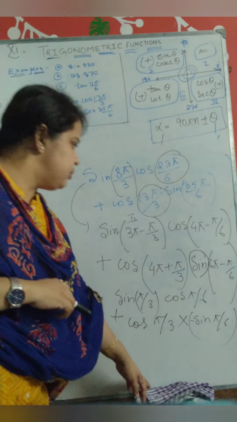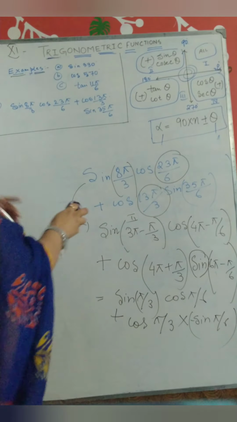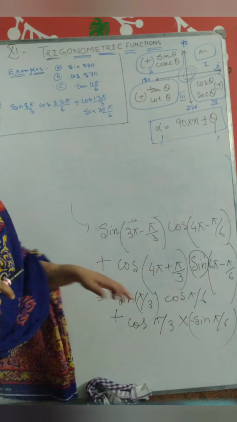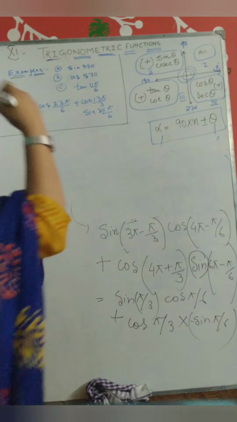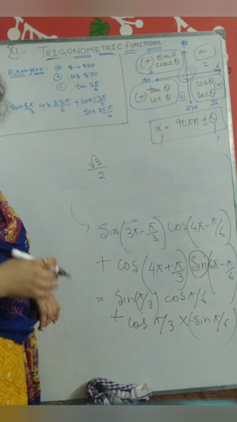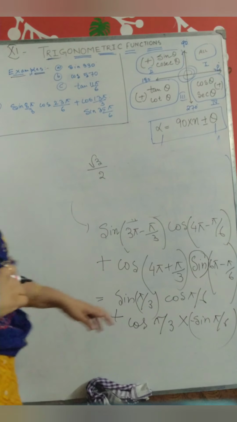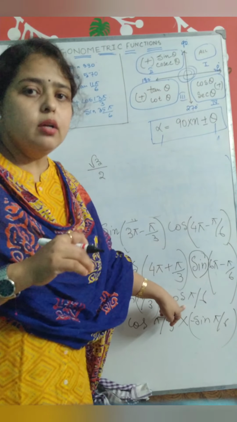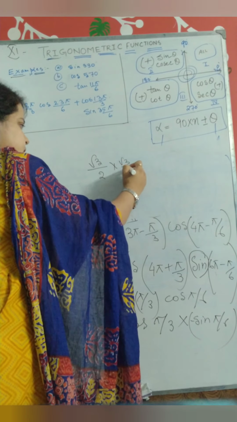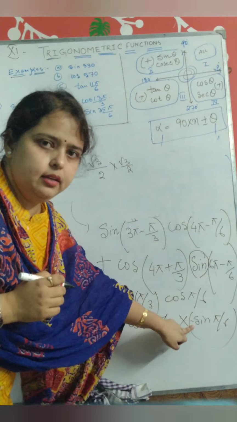Now quickly I'm going to write down these values. See, pi by 3, that is 60 degrees. Pi by 3 means sine 60 degrees. Pi by 6 means cos 30 degrees, but the minus sign comes here.